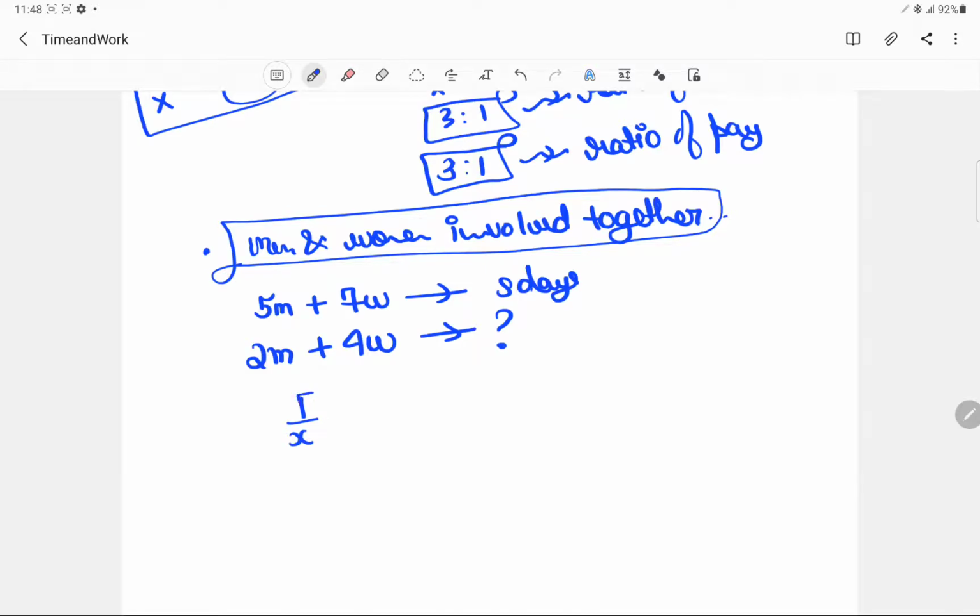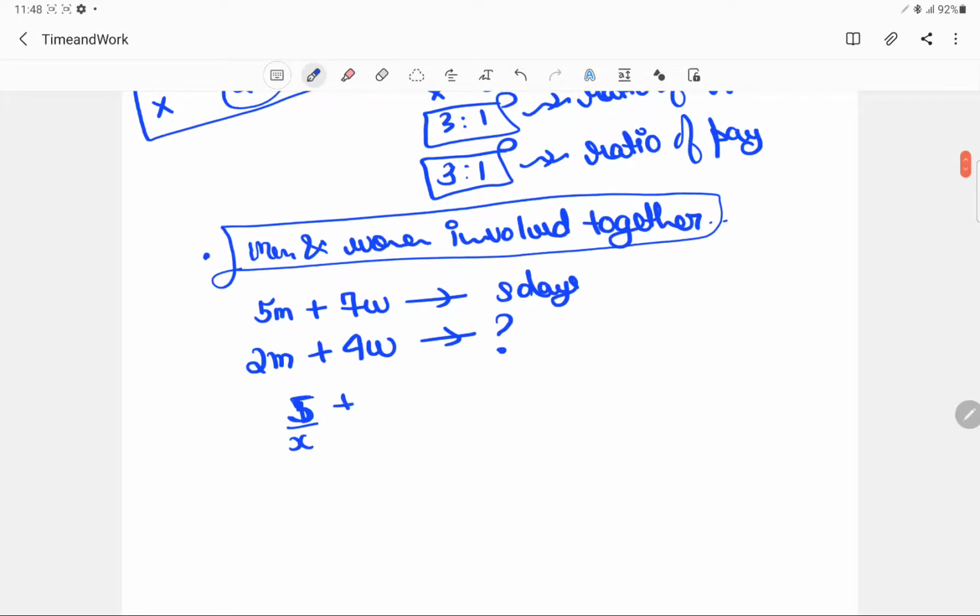So 5 men would be 5/x. This is the 1 day work done by the 5 men. Similarly, if the 1 day work of a woman is 1/y, then this could be written as 7/y. And since they are able to complete it in 5 days, their 1 day work would be 1/5.